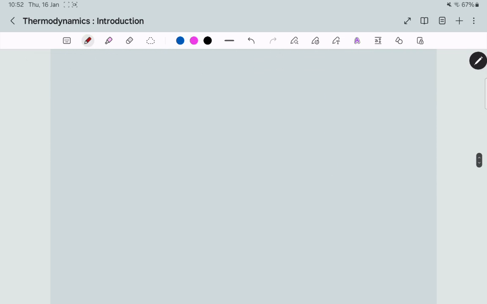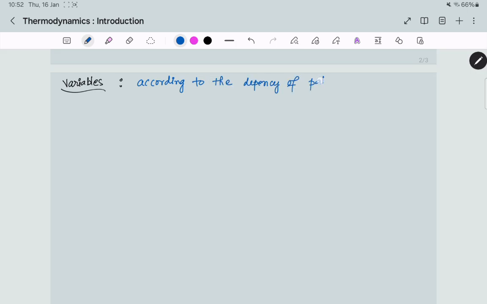But now this time we will divide or classify the variables according to the dependency of path. Path means we are changing the state.